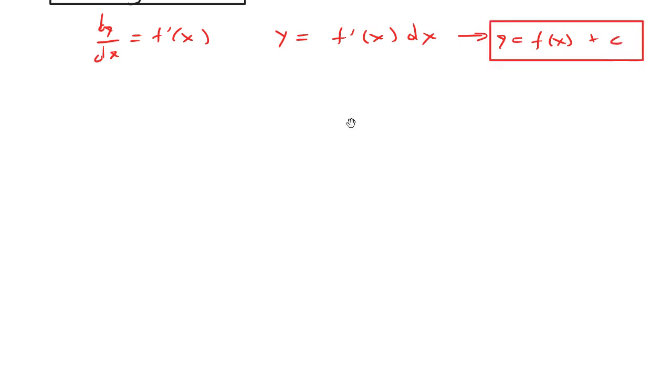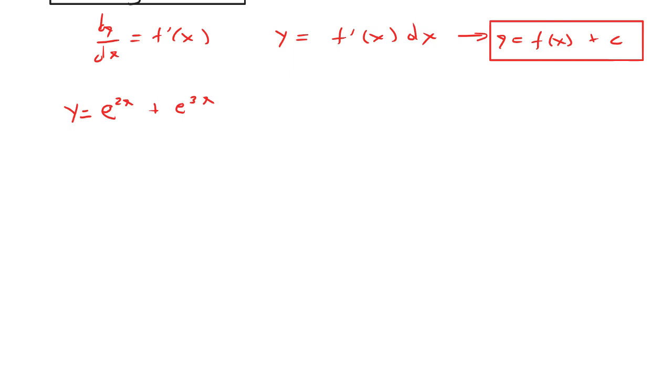Another thing you could do is ask how we come up with differential equations. One way is to suppose you had a function, and let's say that function is e to the 2x plus e to the 3x.